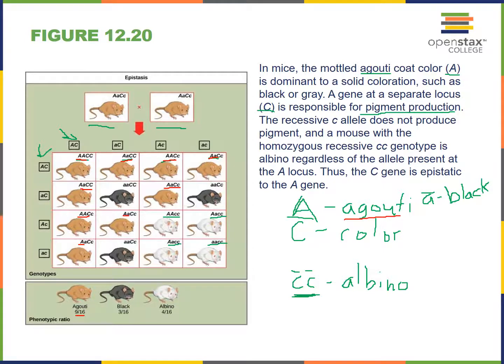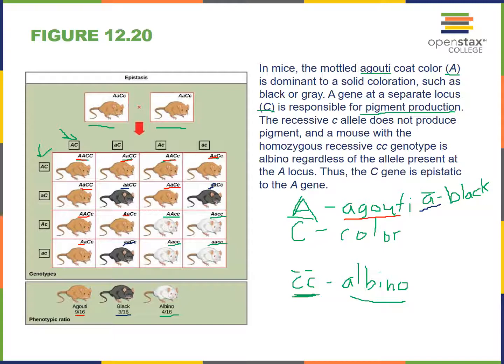Lastly, let's do blue. If they are homozygous lowercase a, then you'll get this black color. So that one has two little a's, and that one has two little a's. So 3 of the 16 possibilities are black, and from before, 4 out of 16 are albino.